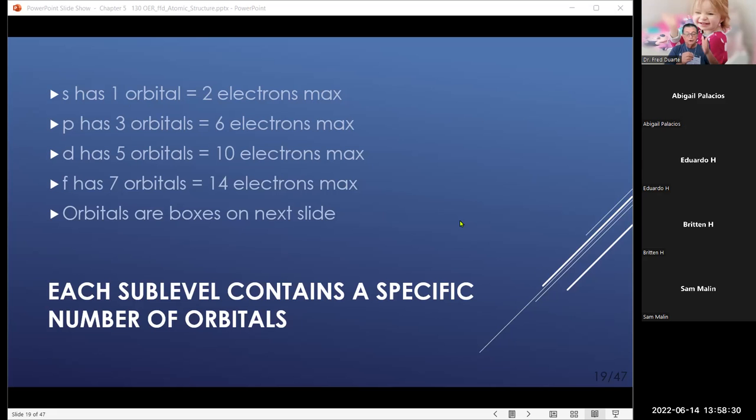In the first column, I can put 1 electron, hence S superscript 1. And then when I go to the next element in group 2, I gained an extra electron. That electron will go into the S orbit, and it'll be S superscript 2.